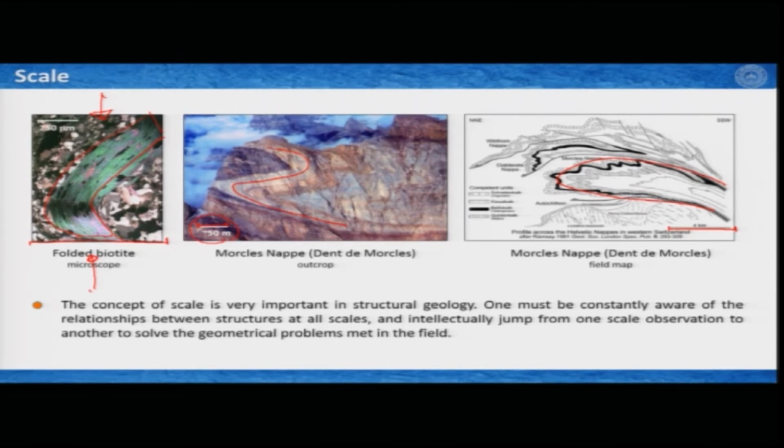Mechanically they may be developed in a very similar way, but their scales are different. So therefore, as I was talking about, the concept of scale is very important in structural geology, and one has to jump from one scale to another scale to solve the geometrical problems that we see in the field and also in the experiments and when you do observations under a microscope.